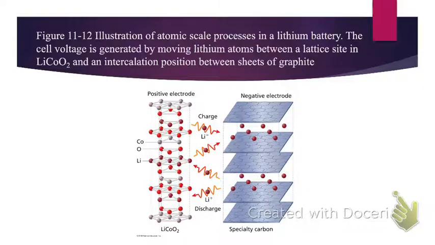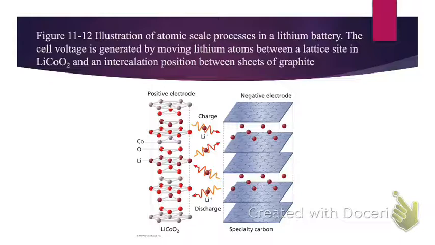This kind of shows what's going on with these layers of materials that we've got. Lithium ions in the discharge state, and the discharge state is one where we are actually using the battery.